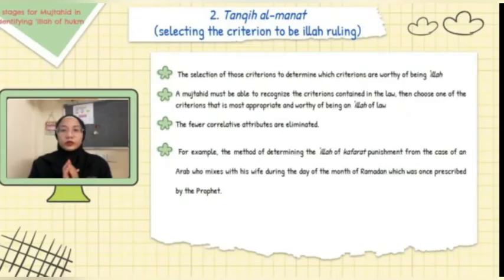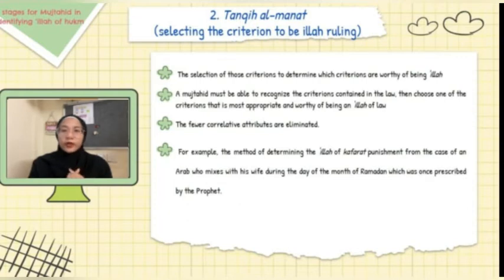Then we move on to the next stage, which is tankih al-manath. Tankih al-manath means selecting the criterion to be the illah of the ruling. Okay, after the criteria are extracted and explored through the method of takhrij al-manath, the next stage is the selection of criteria to determine which are worthy of being illah.